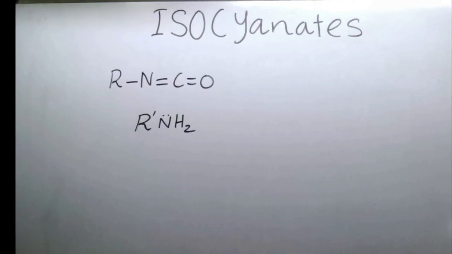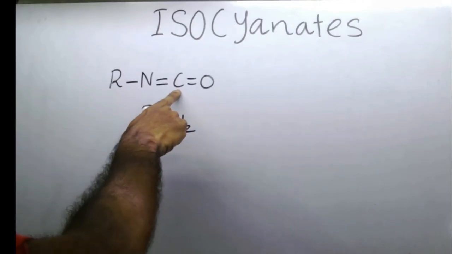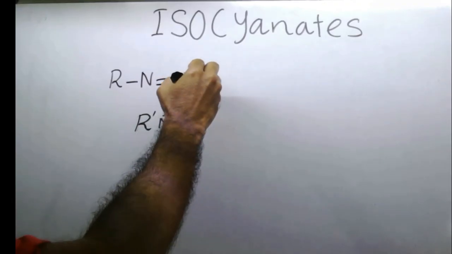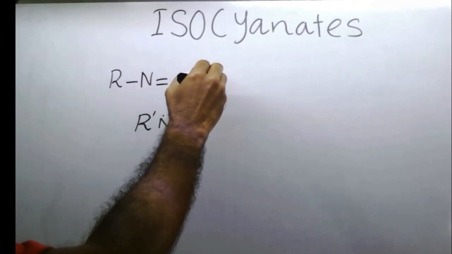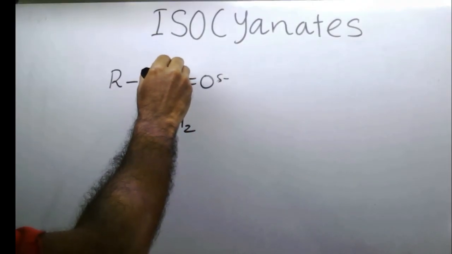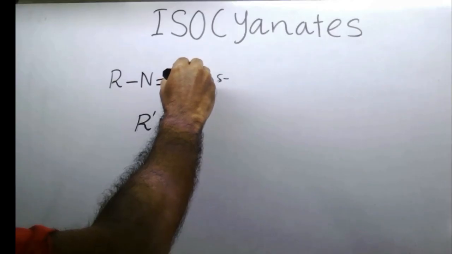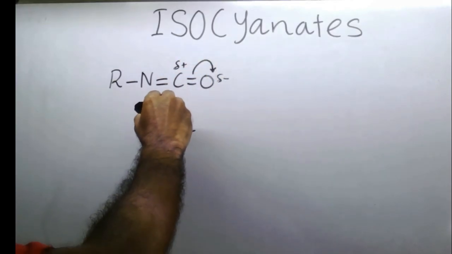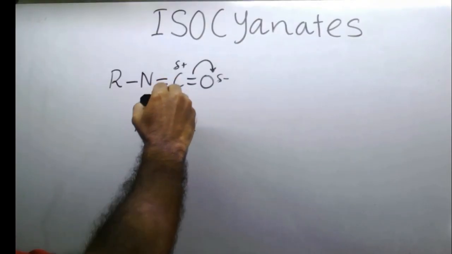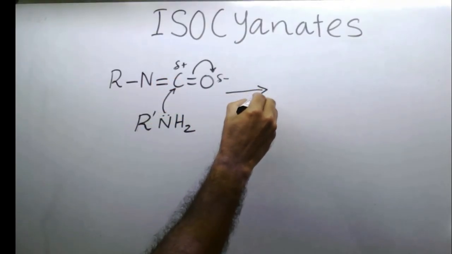It is important to understand what the reaction center of the isocyanate is. This is the main reaction point because this carbonyl carbon can delocalize or polarize so that oxygen gets a negative charge and carbon gets a positive charge. This will give the opportunity for the nitrogen atom to attack as a nucleophile.